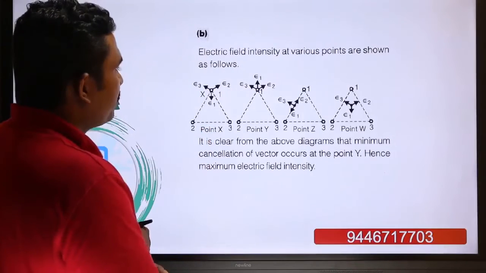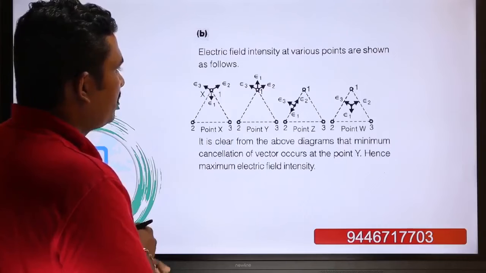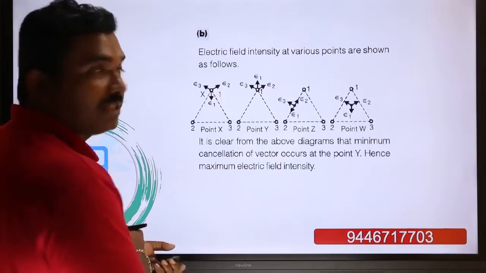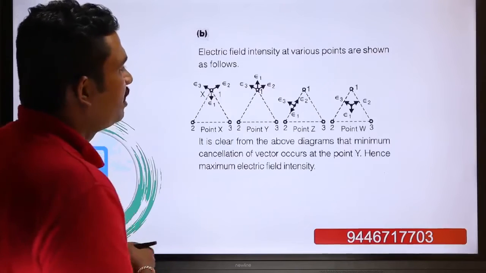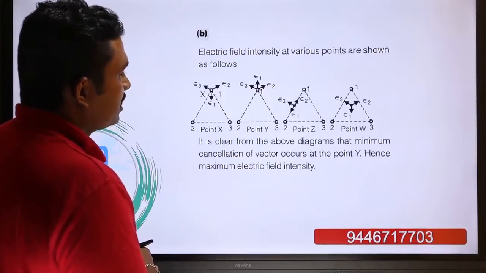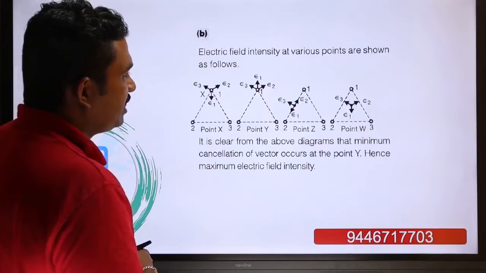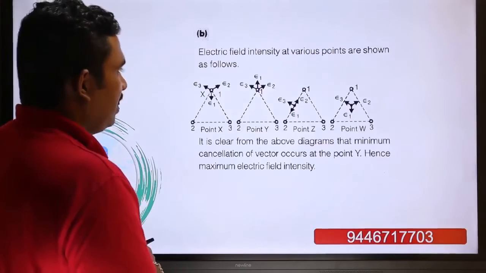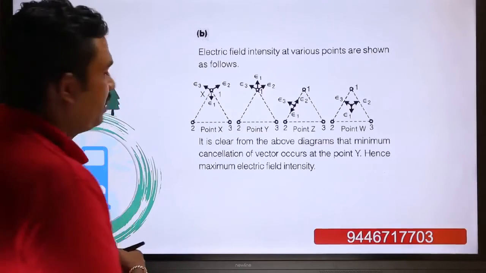When considering point Z, E1 and E2 will be neutralized and E3 will be the net force that will be available. Considering point W, E1 and E2 and E3 are almost balanced.